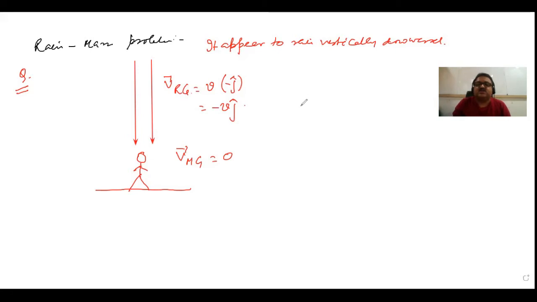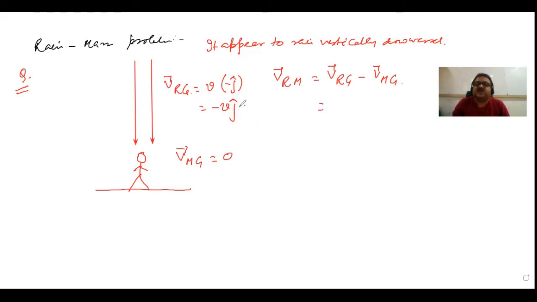Correct? So we need to find out the velocity of the rain with respect to the man. What is that? Velocity of the rain with respect to the ground minus velocity of the man with respect to the ground. Correct? Because we have to find the velocity of the rain which is appearing to the man.